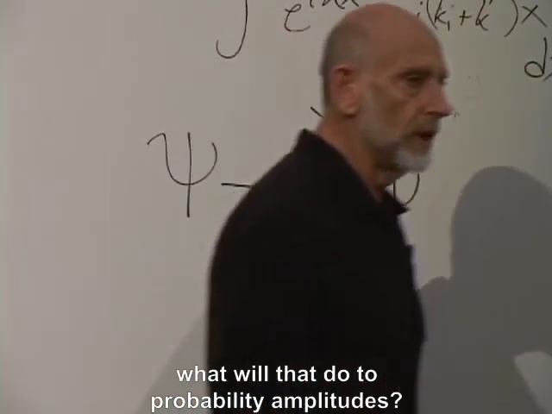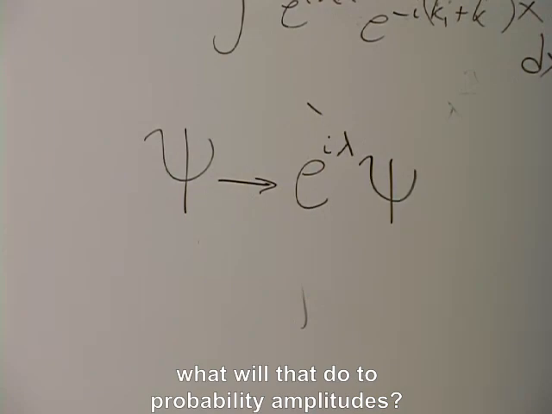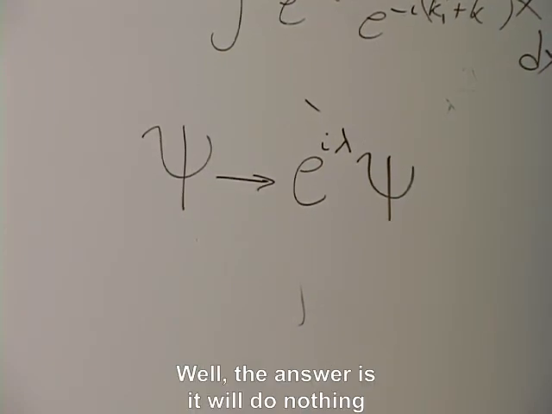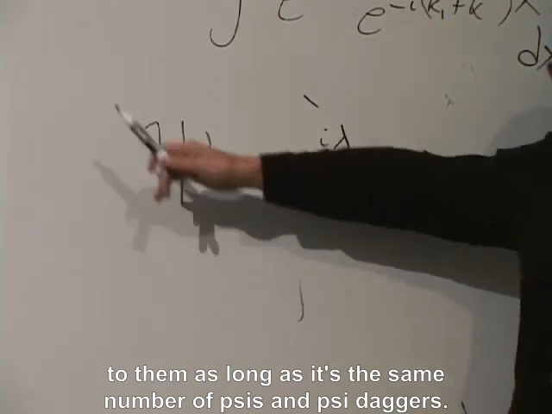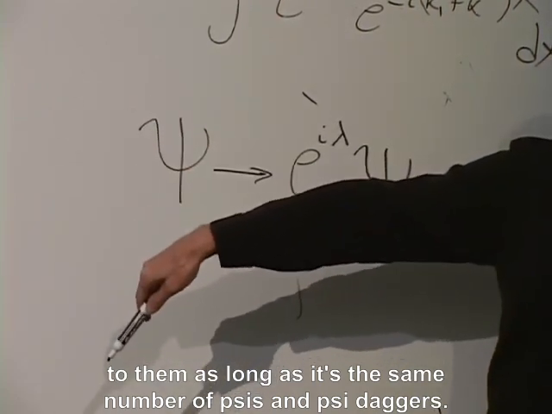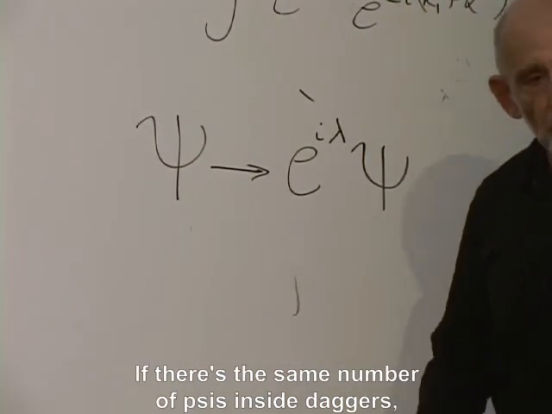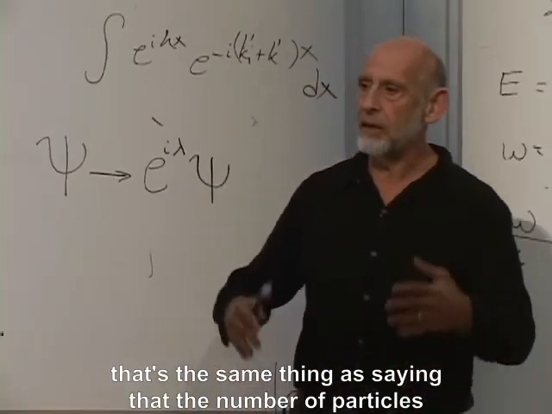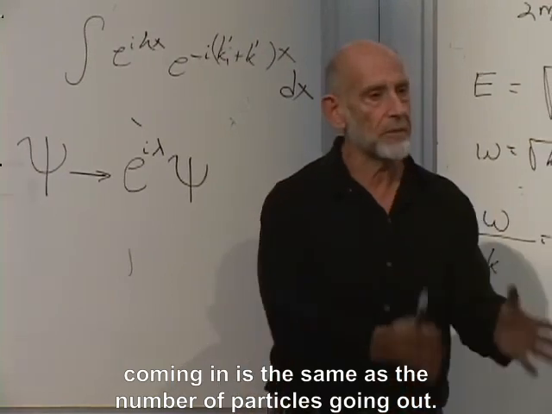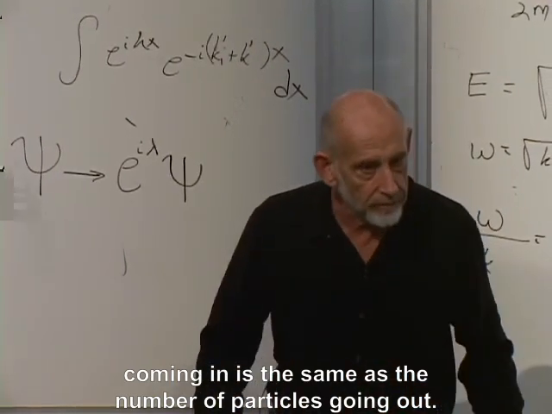What will that do to probability amplitudes? Well, the answer is it will do nothing to them as long as there's the same number of psis and psi daggers. If there's the same number of psis and psi daggers, that's the same thing as saying that the number of particles coming in is the same as the number of particles going out.